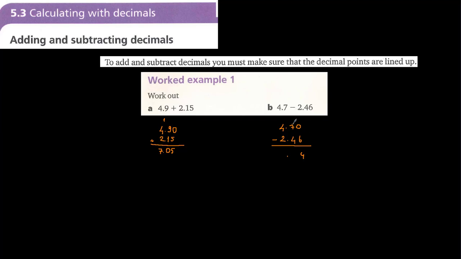We have already taken 1 from here, so this is going to be 6 minus 4, which is equal to 2. We don't have anything to add or subtract from this side, so 4 minus 2 is equal to 2. So the answer is going to be 2.24.